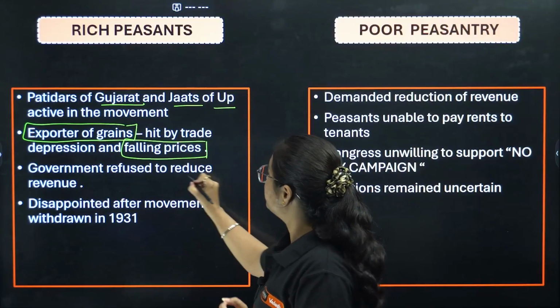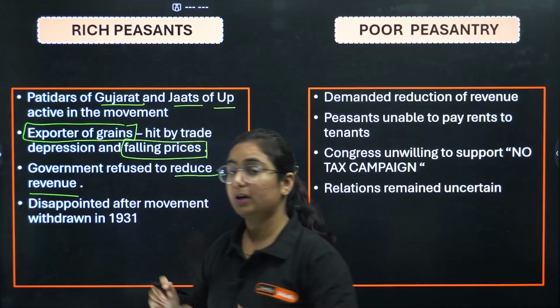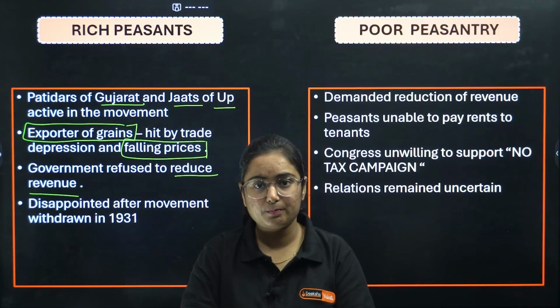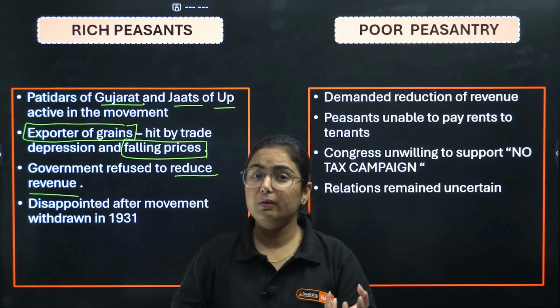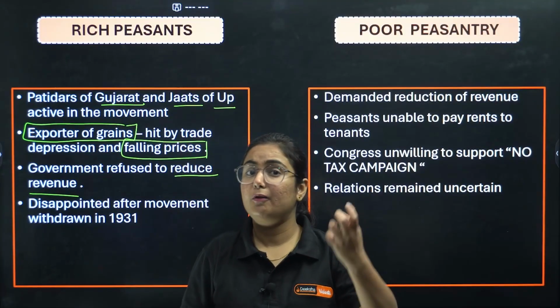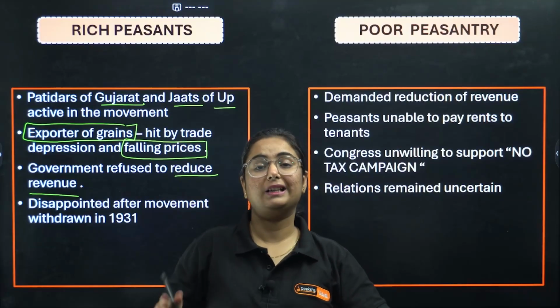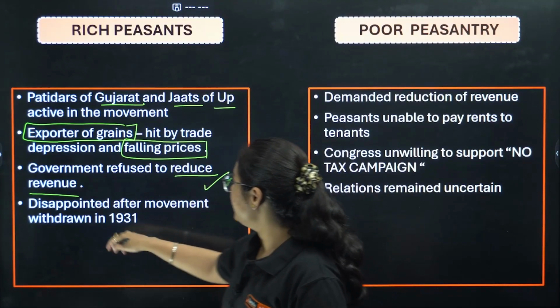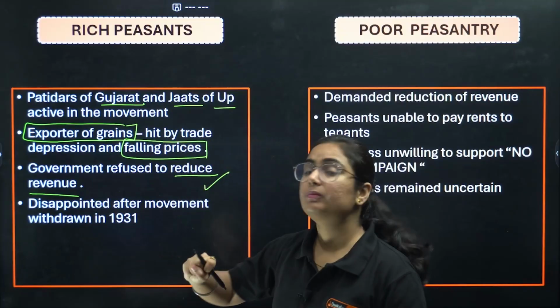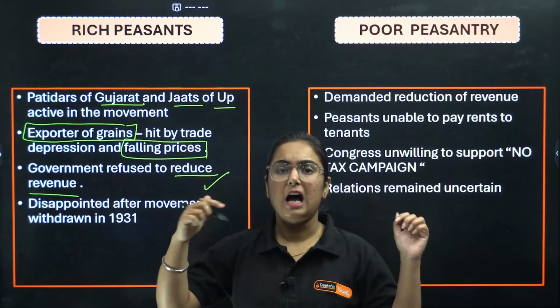The government refused to reduce the revenue, which is given by these large-scale farmers to the Britishers. Due to declining prices, the government ought to have reduced the revenue, but they did not do it. Hence, disappointment was seen during this movement against the Britishers.